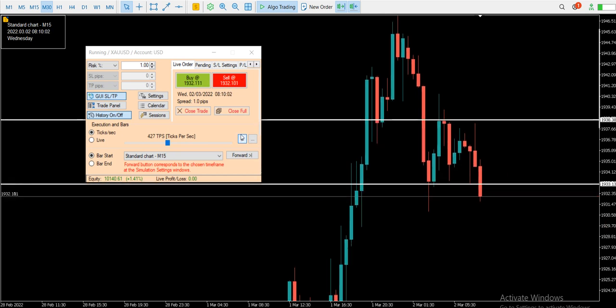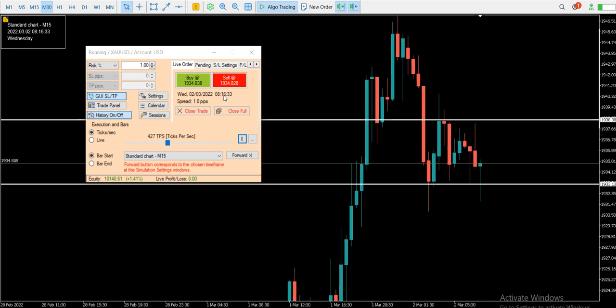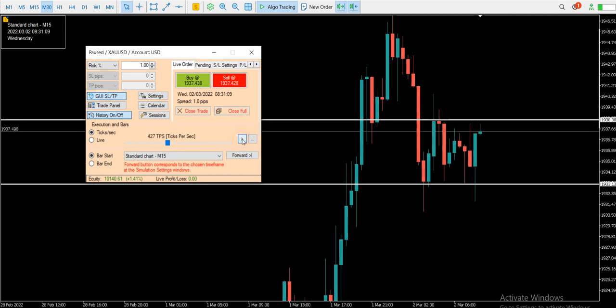Okay, seems like we are going to close below. We have a 15-minute candle that closed. Okay, it rejected, and the 30-minute candle closed bullish. We have 5 minutes left in candle closure.